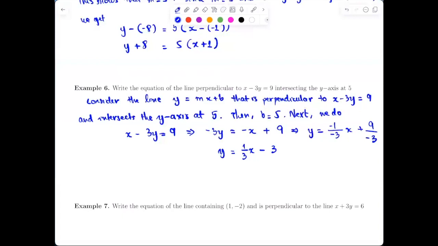Again, what I just did is I turned this general or standard form into slope-intercept form so that I can extract the slope of the line. Now I have the slope, and the two lines are perpendicular.